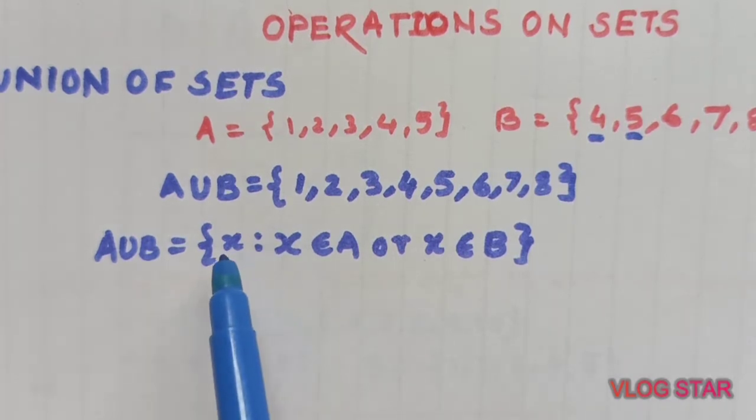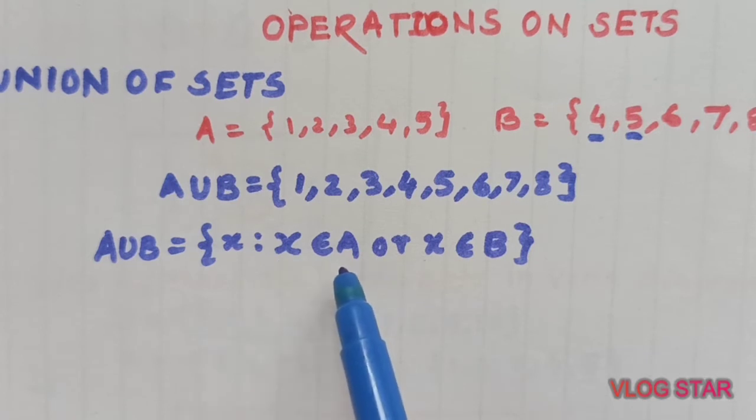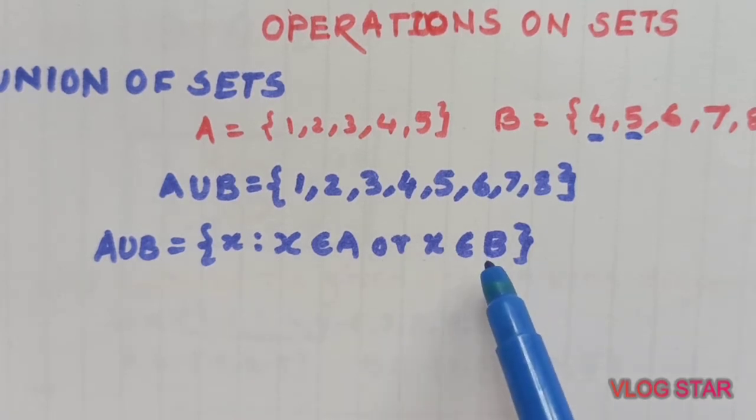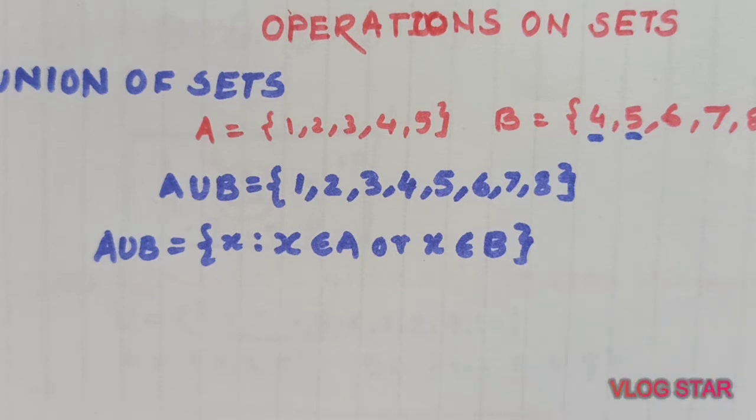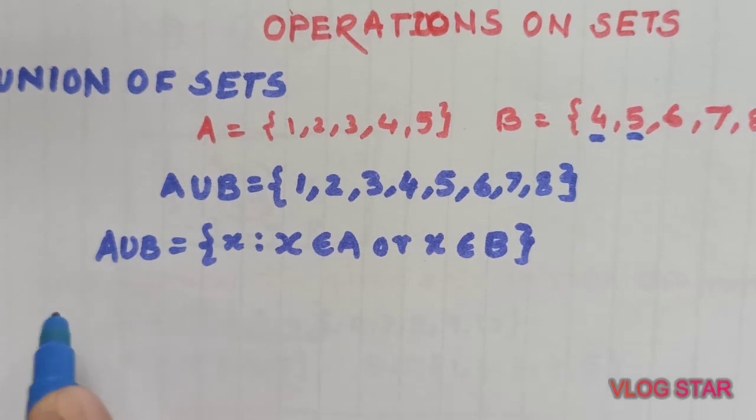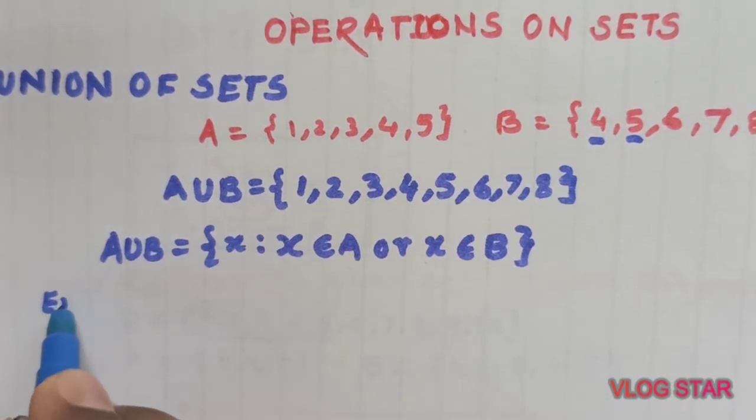So it is the set of all x belongs to A, or x belongs to B, or it belongs to both. So this is the definition for union of sets. I hope you understood. We will take a few examples.